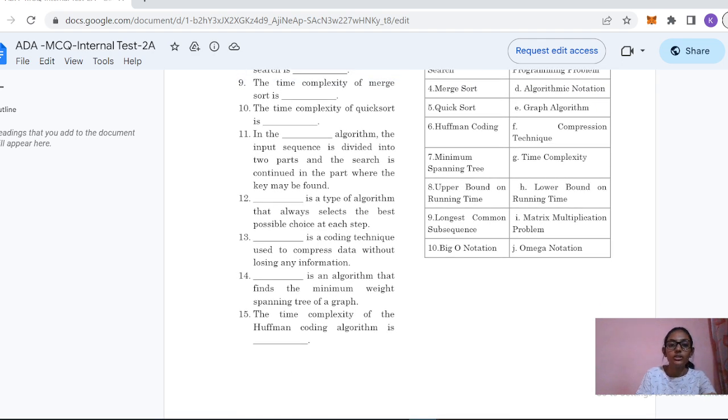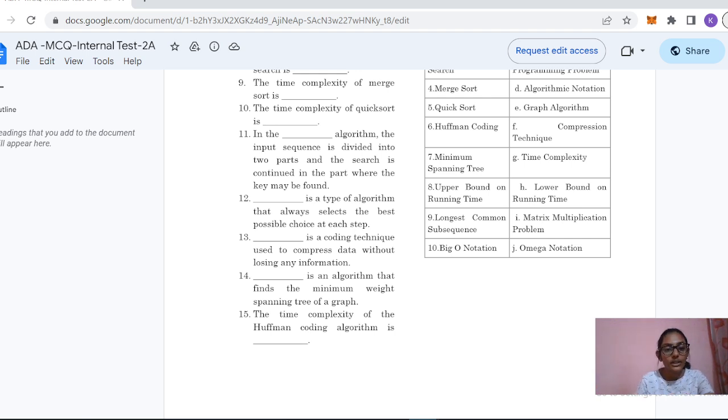11. In the dash algorithm, the input sorted sequence is divided into two parts and the search is continued in the part where the key may be found. Answer is binary search. 12th, dash is a type of algorithm that always selects the best possible choice at each step.